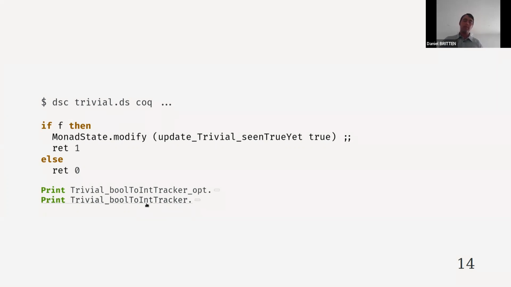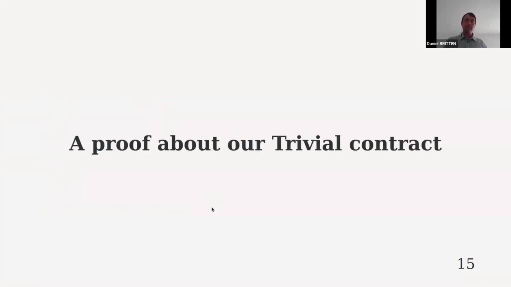And it might be possible to do this entire tool chain within Coq as well. All right, so now I'm going to move on to a proof about our contract. And so the point of this proof is to demonstrate what it looks like, not just to do an arbitrary proof in Coq, but to do one embedded in the DeepSEA system.